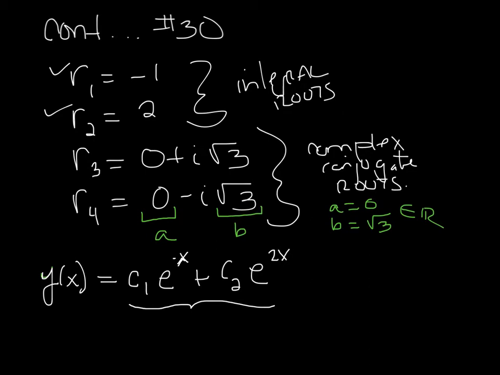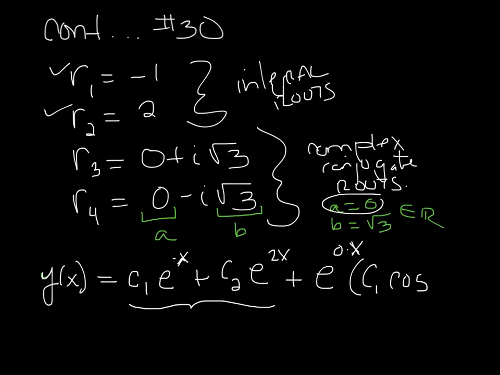By Theorem 3, we have plus e to the ax. So I'm on page 131, e to the ax. Okay, what's my a? It's right here, a times x. And then we have c1 times cosine of bx.